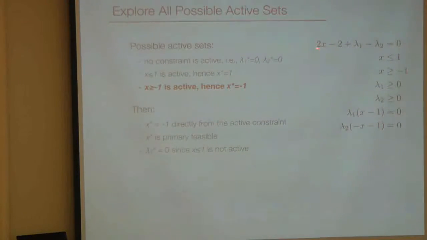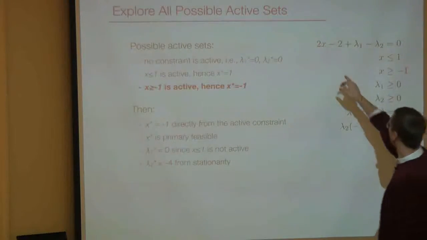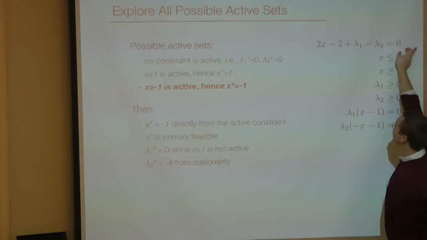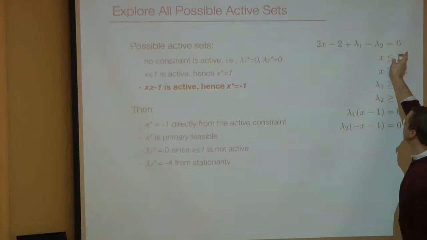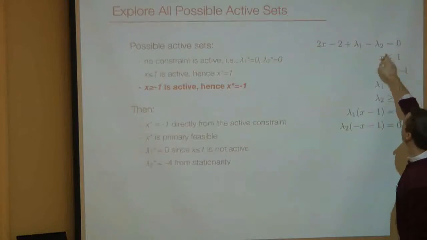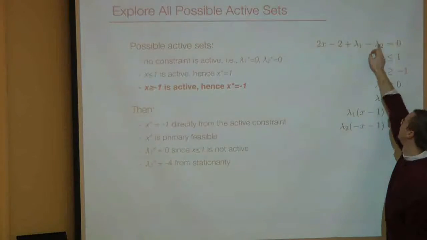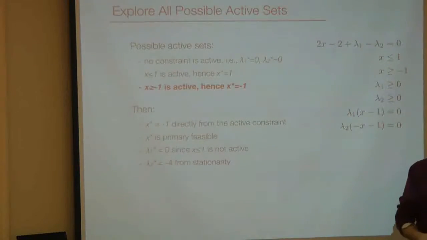Therefore, we can again look here and compute the value of lambda 2, because this is 0 and x is -1. So when we do that, we find that lambda 2 is -4, actually. It's -4 here, and here this goes to the other side. So lambda 2 is -4.